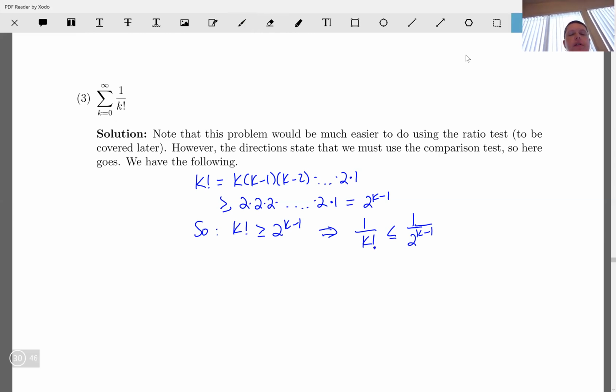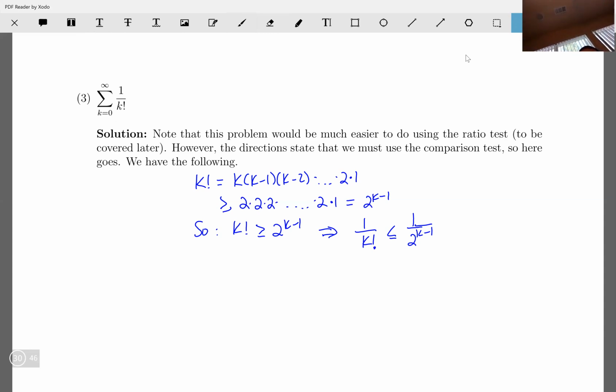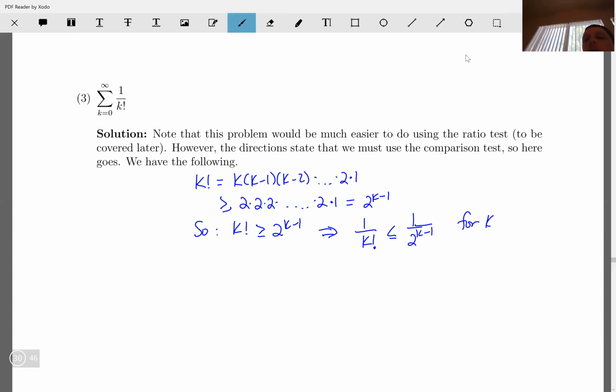All right. So let's do this. Well, that's for k greater than or equal to 2, I should say. What about k equals 0 and k equals 1?